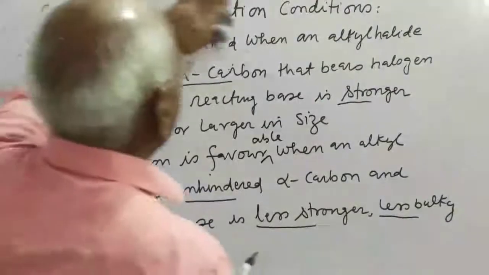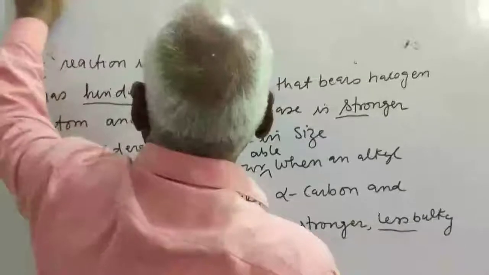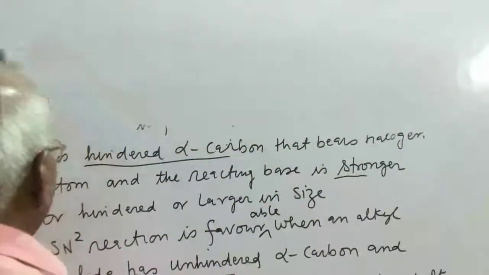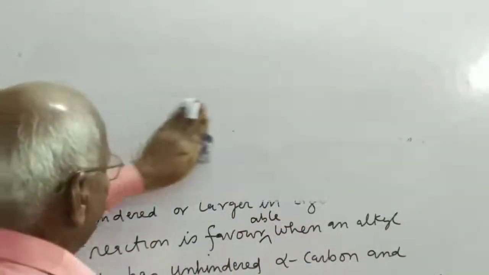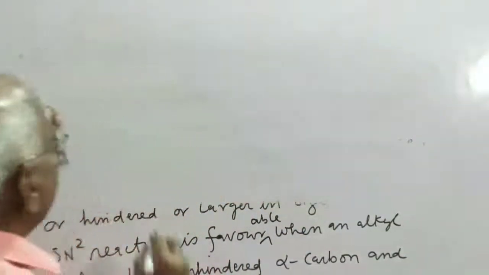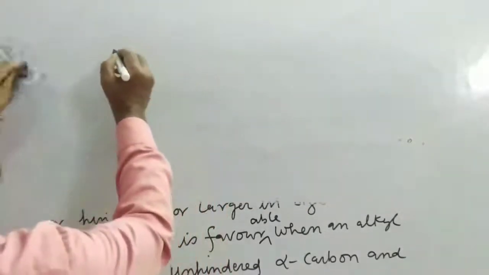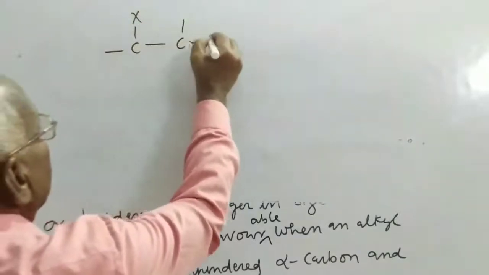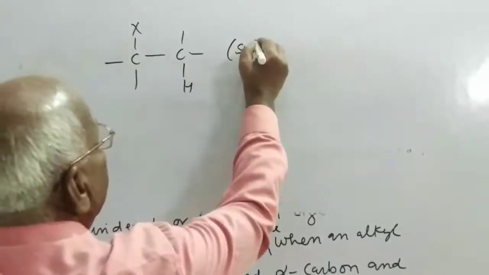Now see a reaction path, how a base reacts on the beta proton and how a base attacks on the alpha carbon, with a diagrammatic representation like this. This is the substrate, the alkyl halide.